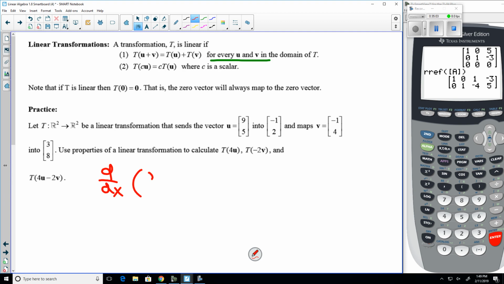of x squared over 3 plus 3x plus sine, right? You take the derivative of each one of these and add them together.